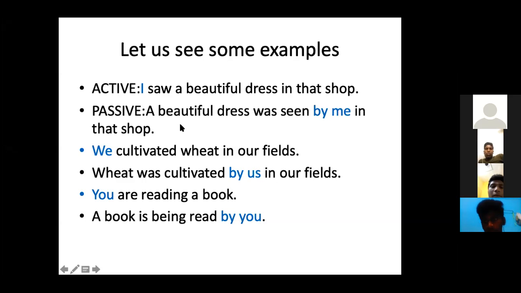So when you have to change active voice into a passive voice, first thing is you have to find the subject, the action, and the object. After that, you can change the object into the subject, then use the be form of the verb, the past participle form of the main verb, and then you have to change the subject into the object using by. Okay, you have to add by.